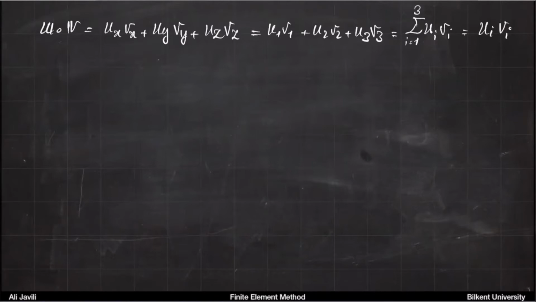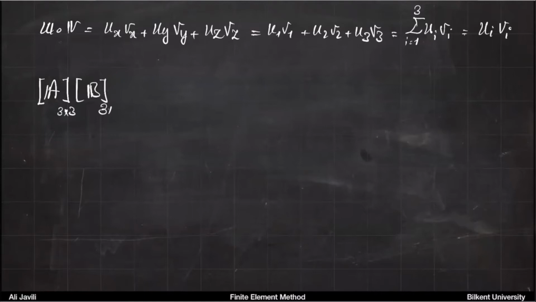So why is this interesting? Because, for instance, instead of multiplying two matrices together, let's say you have a matrix A and a matrix B, and imagine they are 3 by 3 matrices in 3-dimensional space.